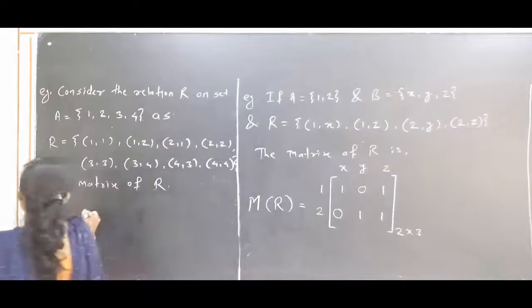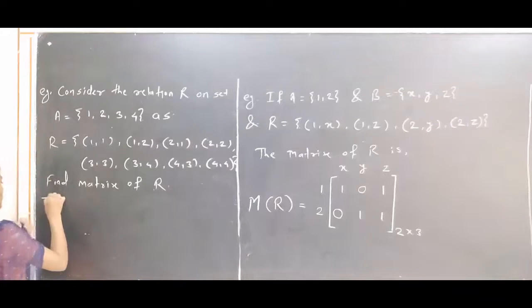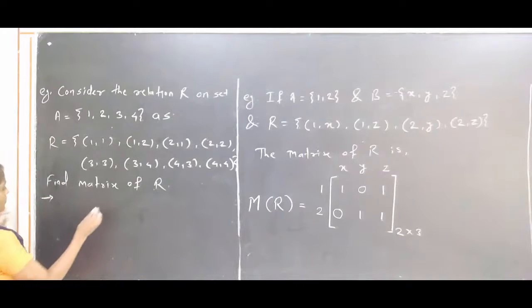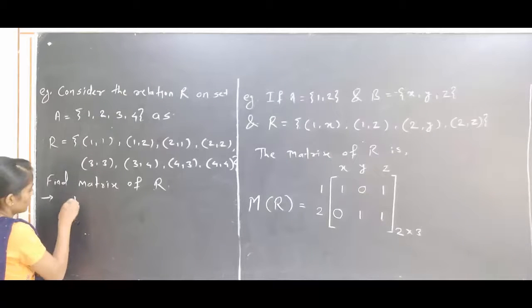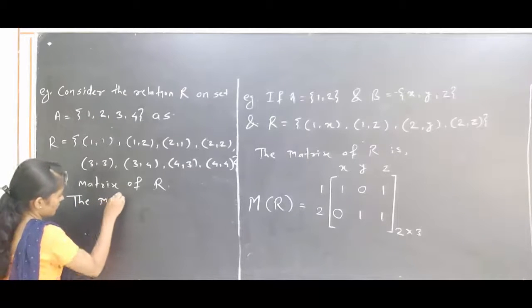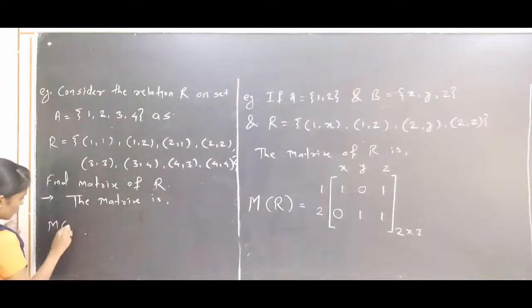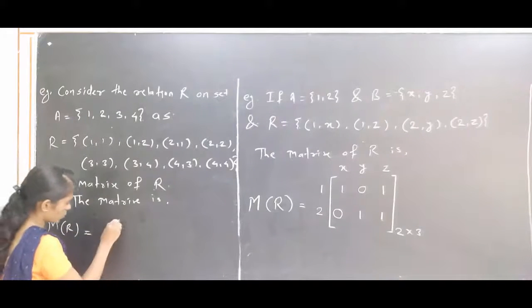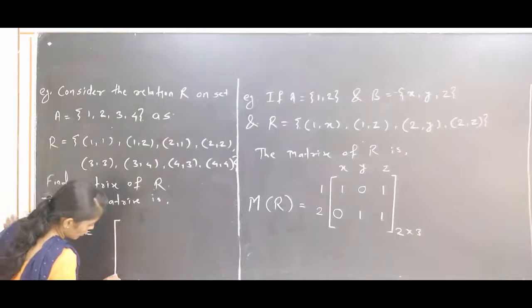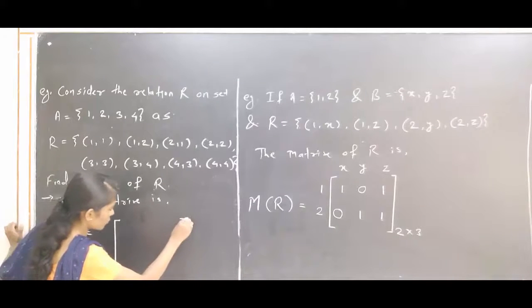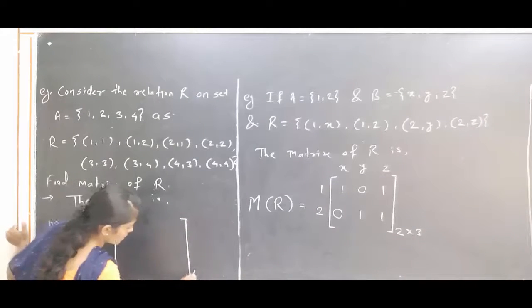So see here, solution. The matrix is M of R equals to, so order of matrix is 4 by 4.